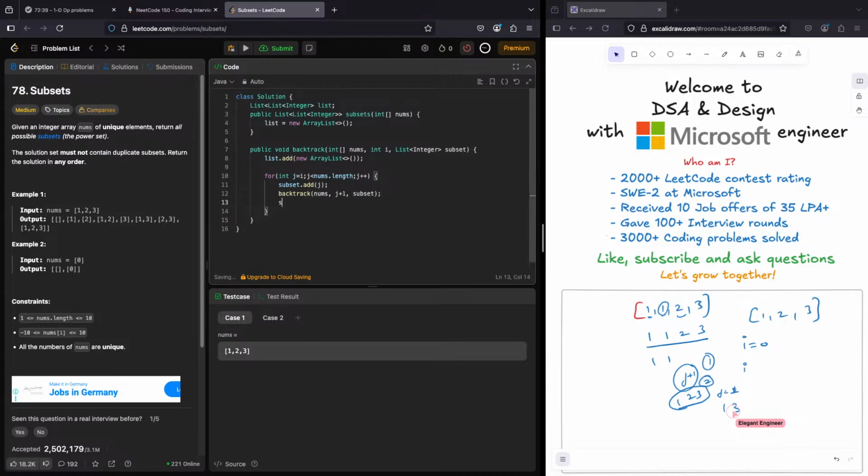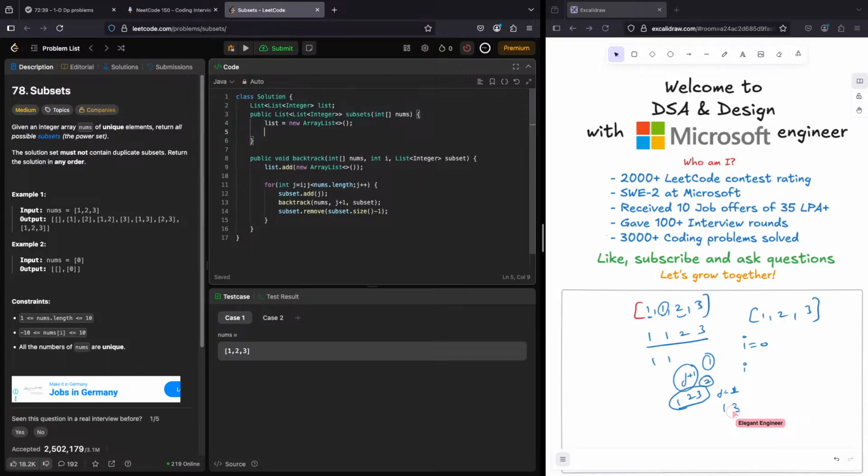Subset. And now if it is the same, right? Let's see.